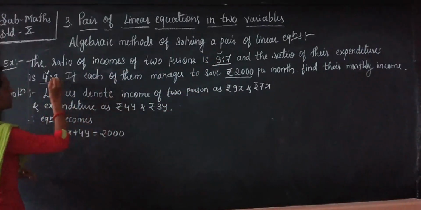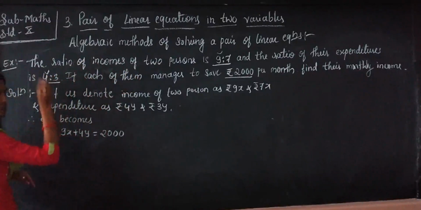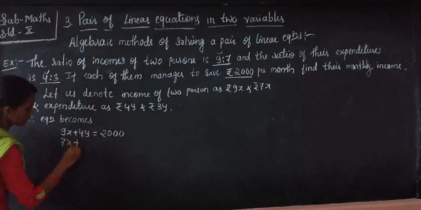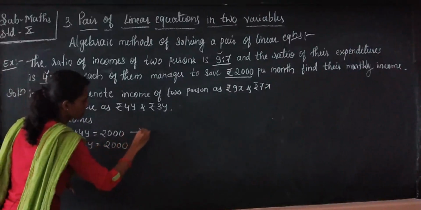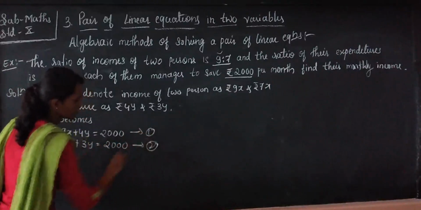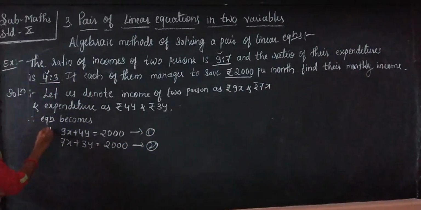According to the second one, 7x plus 3y is equal to 2000. Consider this as equation number 1 and this as equation number 2, meaning this is person number 1 and this is person number 2.